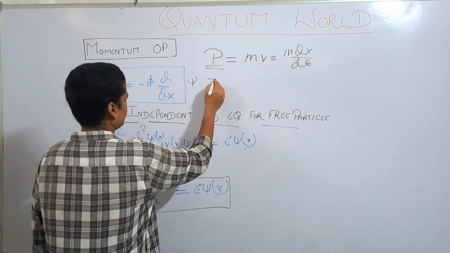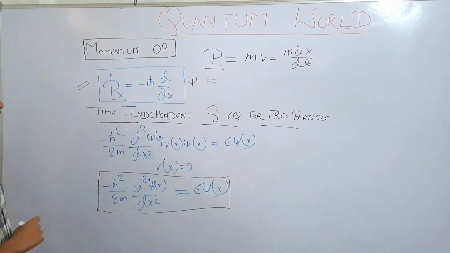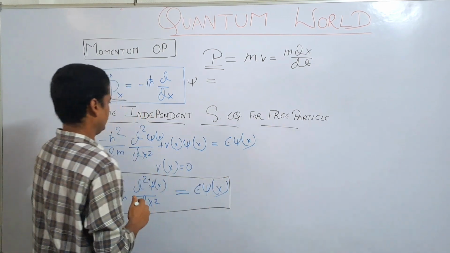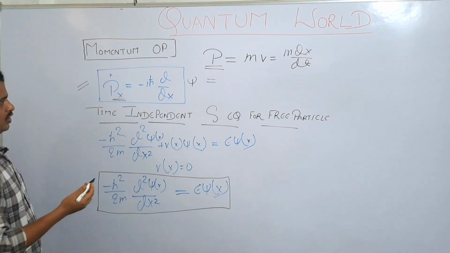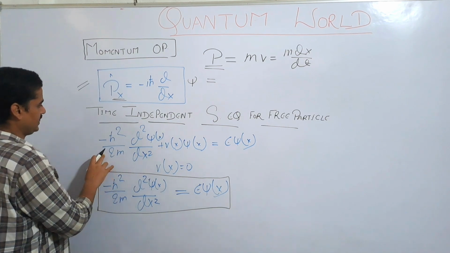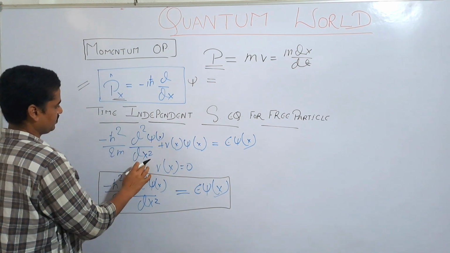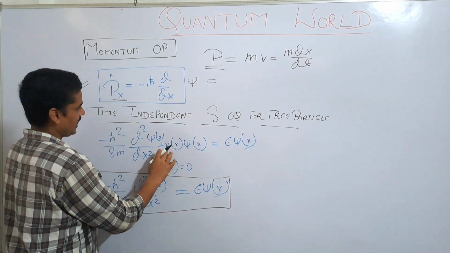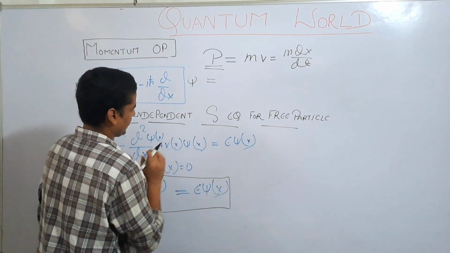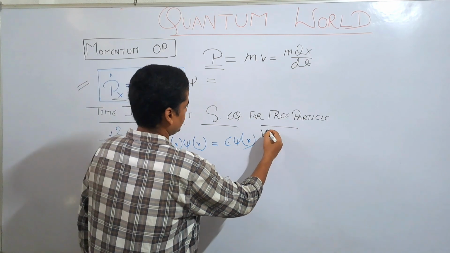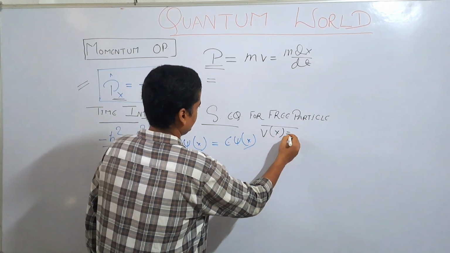and gives some result. Now, the time independent Schrödinger equation for a free particle is minus h bar squared over 2m d²ψ(x)/dx² plus V(x)ψ(x) is equal to Eψ(x). Now for the free particle, potential V(x) is 0.